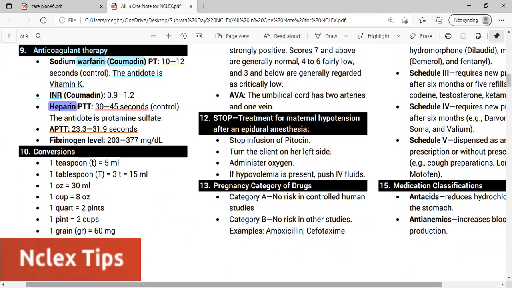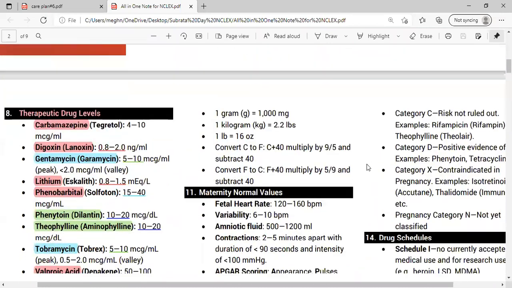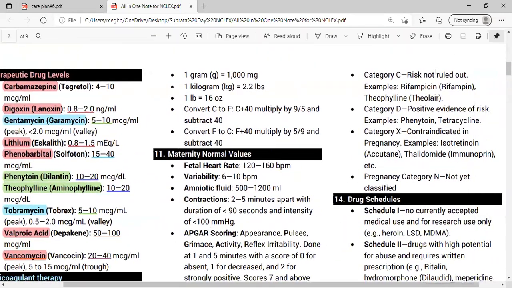Here we go, let's talk about the pregnancy categories of drugs. We categorize them in levels: category A, B, C, D, X. Category A means no risks in controlled human studies. Category B drugs, no risks in other studies. Example, amoxicillin, cefotaxime, they are in category B. Whereas category C drugs, risks not ruled out.